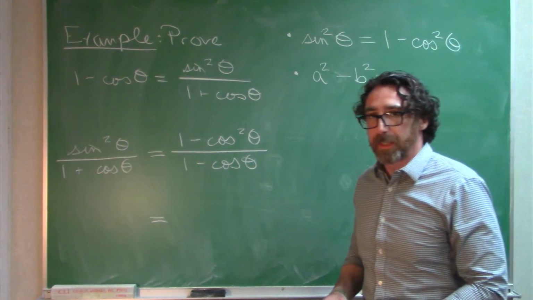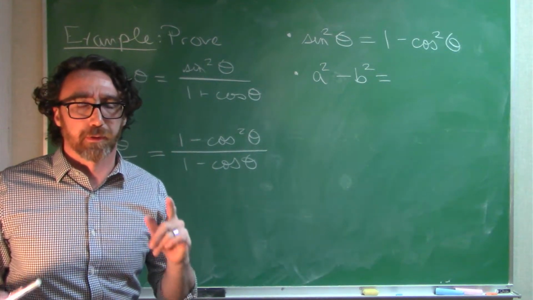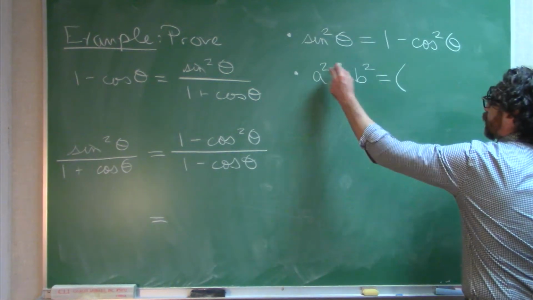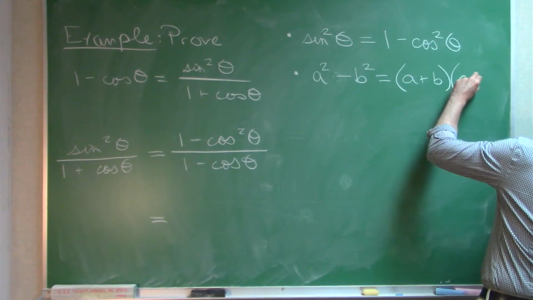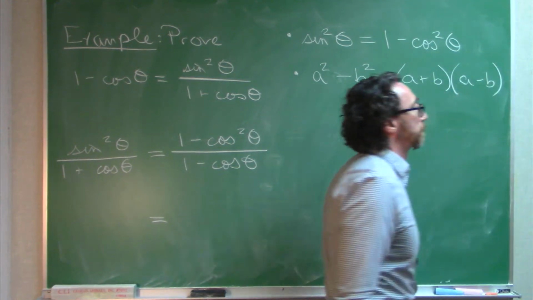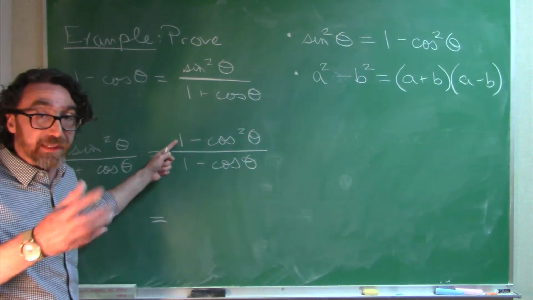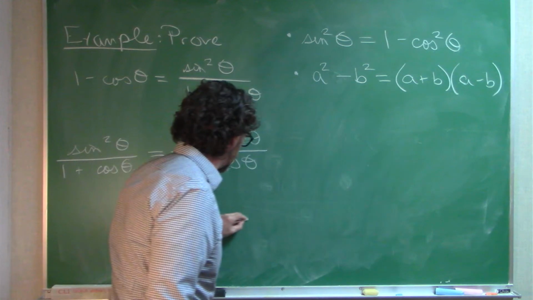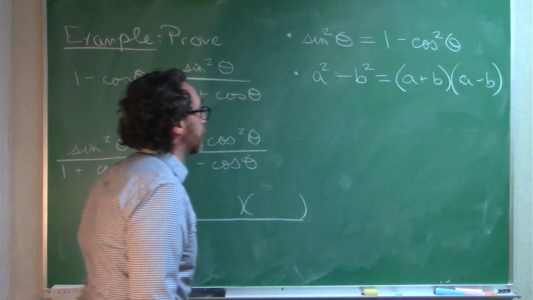If you remember from your algebra, there's a way to factor the difference of two squares. A squared minus b squared factors into a plus b times a minus b. Well, this is a square. 1 squared is 1. So that's a square. That's a square. Let's apply the difference of two squares factoring to our numerator.